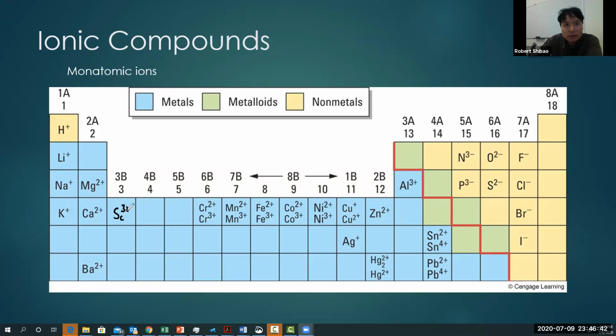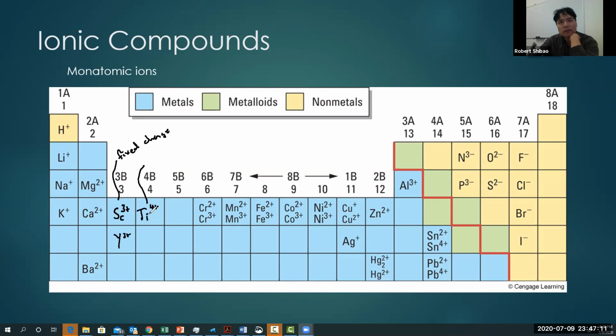Scandium is 3+. Guess what charge titanium is? Yeah, titanium is 4+. But to lose 4 electrons isn't so easy. So titanium is what we call a variable charge. Scandium is fixed charge. It's always 3+. Yttrium's below this. Yttrium's always 3+.